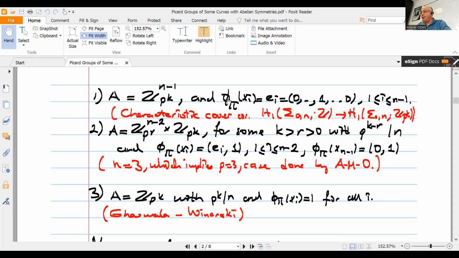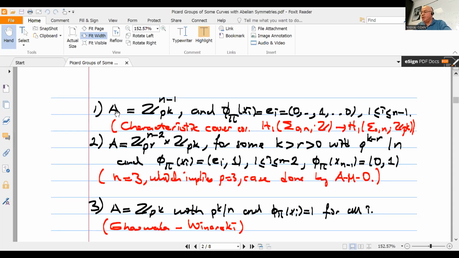And the homomorphism which describes the cover maps each xi, the homology class of the loops around xi's, to the standard generators of this Cartesian product of cyclic abelian groups.